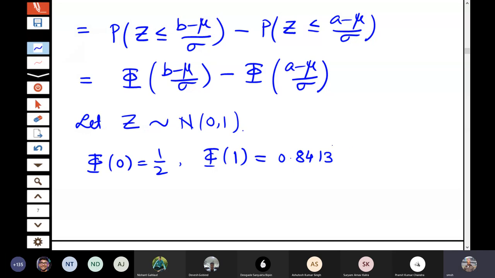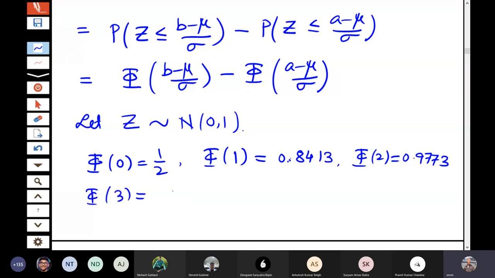I am just writing 4 decimal places because for explaining that is enough. Let us also write a few more values. Phi of 2 is 0.9773.